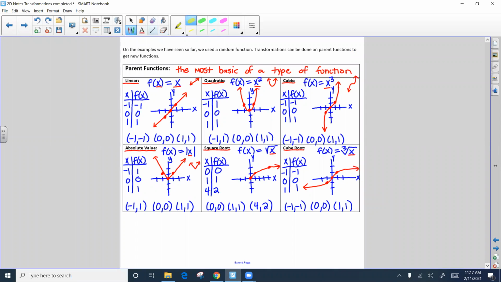Make sure you have everything filled in here. So we've got our coordinate points and the graphs. Those are the things that we need to know or be able to find on all of these parent functions.